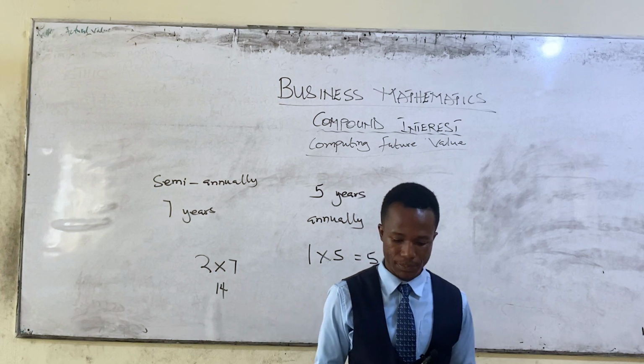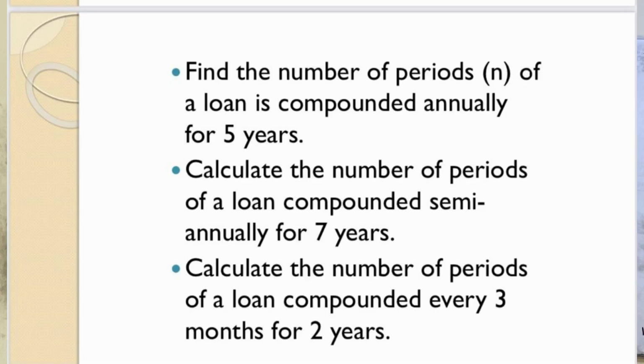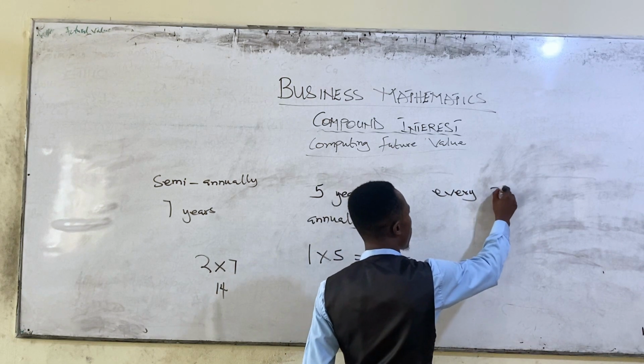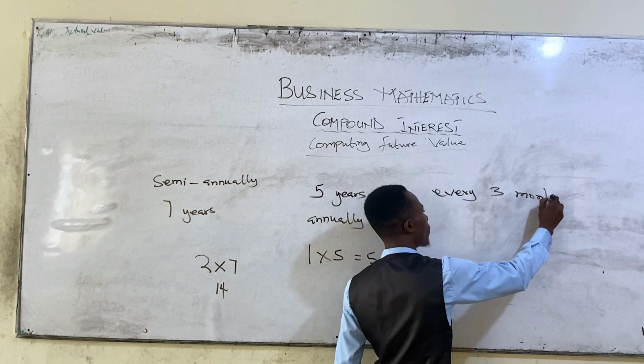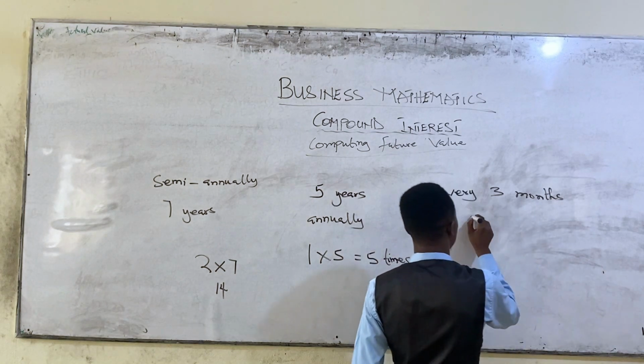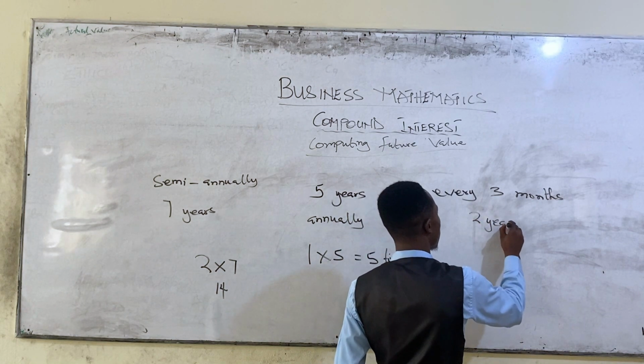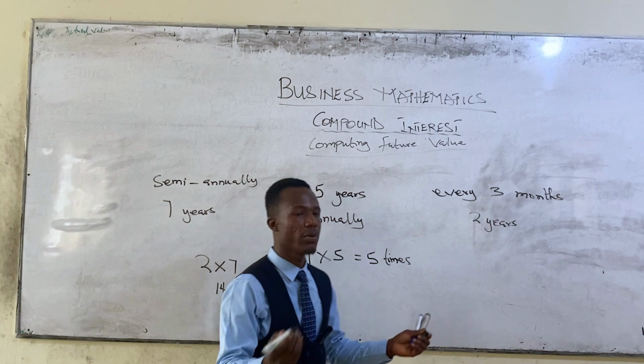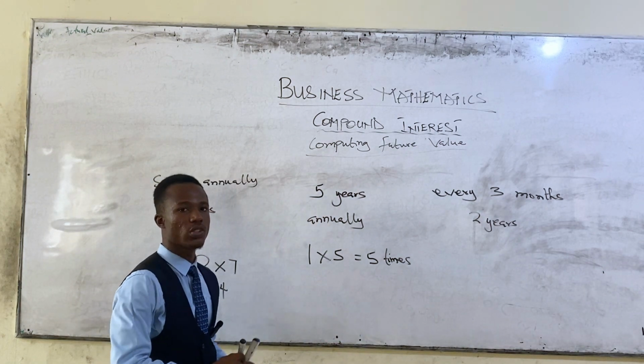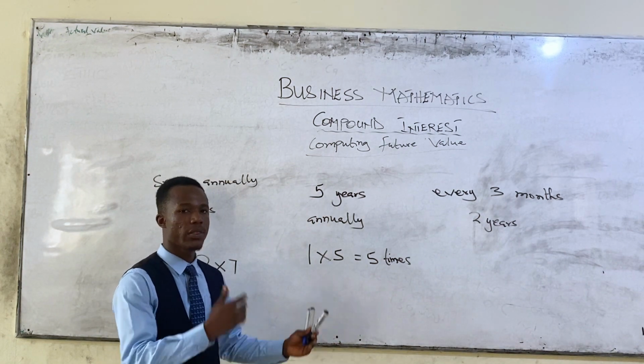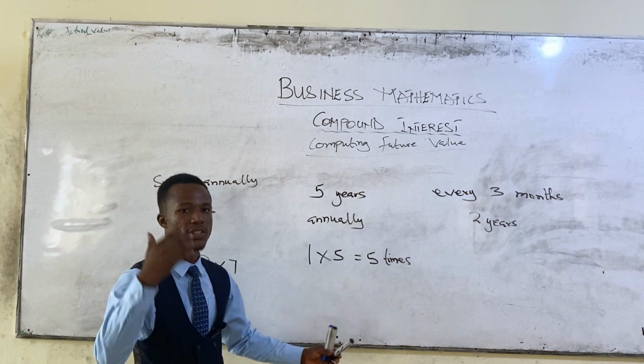Then calculate the number of periods of a loan compounded every 3 months for 2 years. So here they are saying every 3 months for 2 years. Now, when we say every 3 months, what do we mean? We mean quarterly. So, how many 3 months do we have in a year? That is 4.